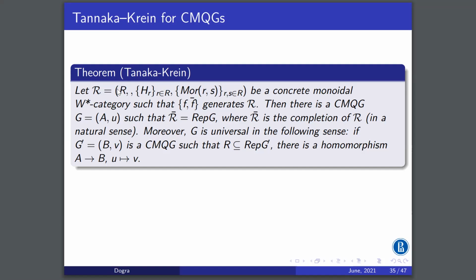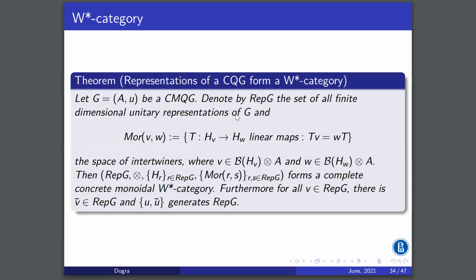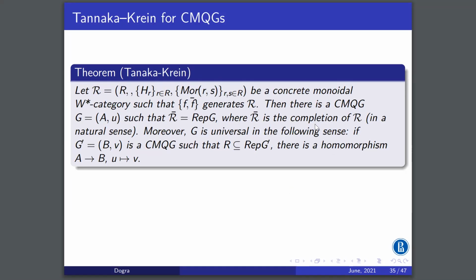It says: let the quadruple be denoted by R and let it be a concrete monoidal W star category such that F and F bar generate R, so they belong in Rep G. Then there exists a compact matrix quantum group such that the completion of Rep G, the set Rep G_R, is given as the completion of the category.